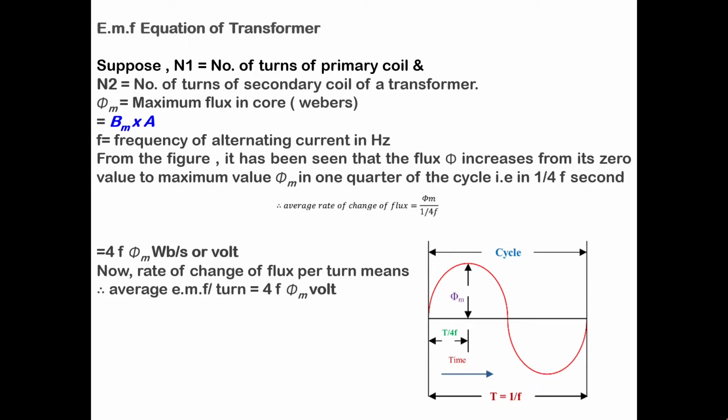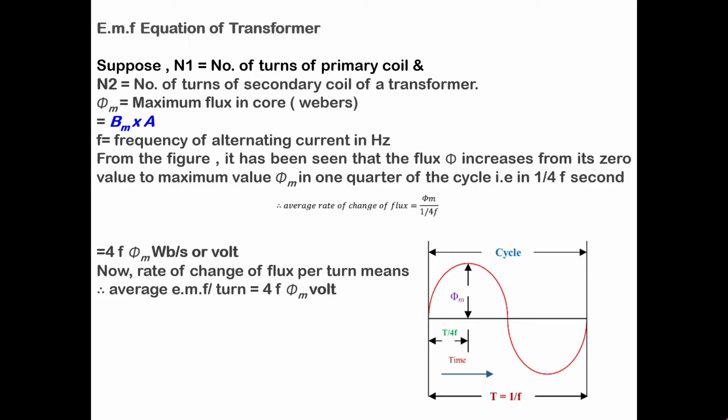If you see the waveform figure, the waveform increases initially and reaches the maximum flux phi m at a quarter half cycle. A quarter half cycle means 1 upon 4f second. So the average rate of change of flux will be phi m upon 1 upon 4f, that is equal to 4f phi m Webers per second or volt.